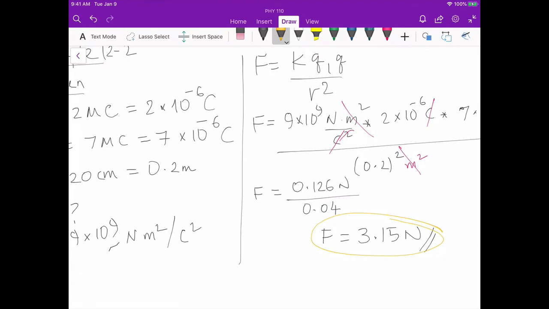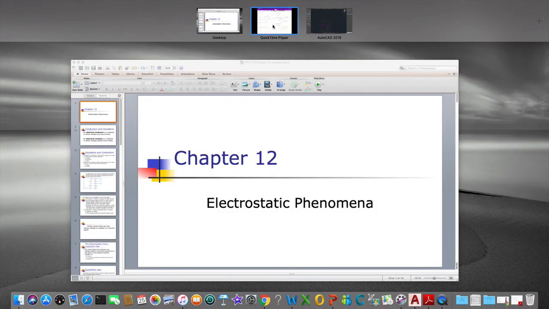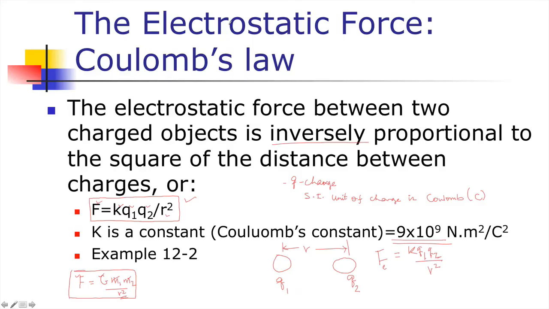So we can go ahead and solve another example from the textbook. I want you to try. I'll read it for you, of course.